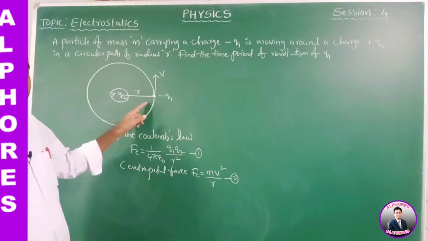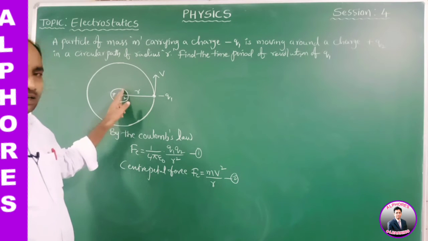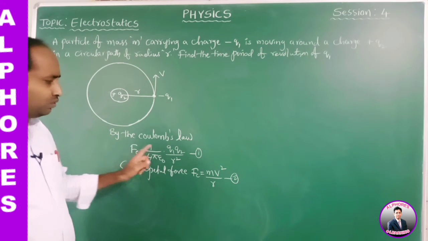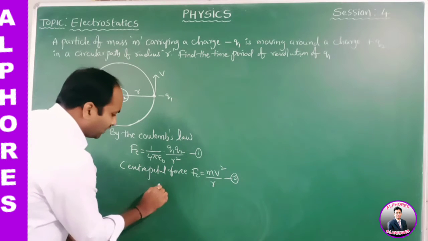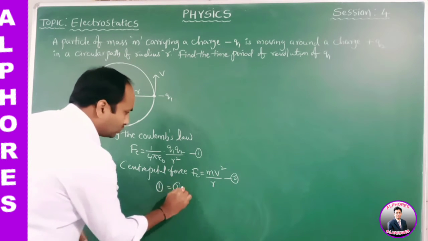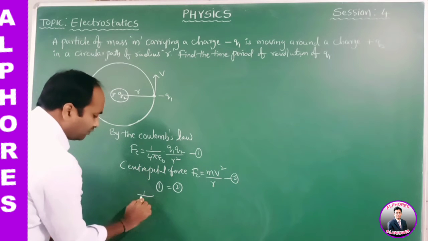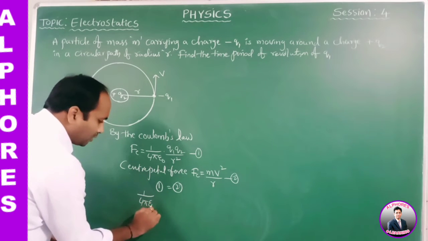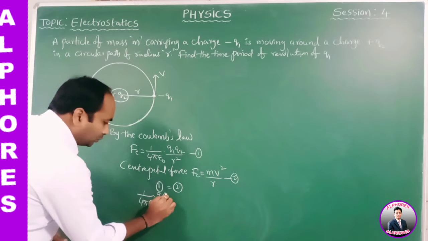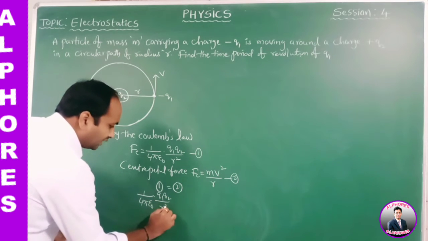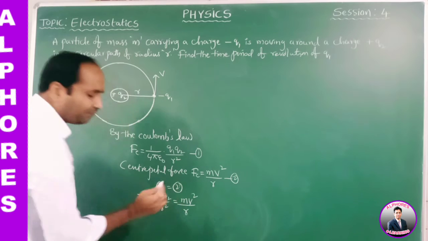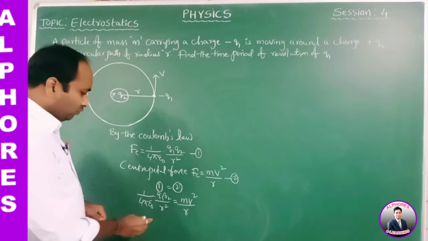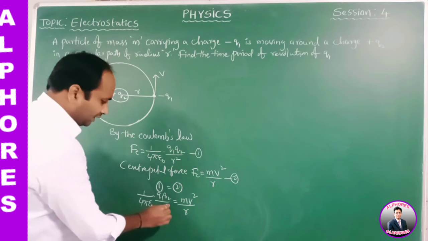Now the necessary centripetal force is provided by the electrostatic force. So equate equation number 1 to equation number 2, that is 1 by 4 pi epsilon naught q1 q2 by r square is equal to mv square by r. Now r cancels on both sides.